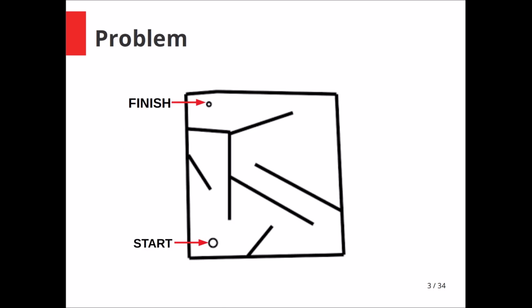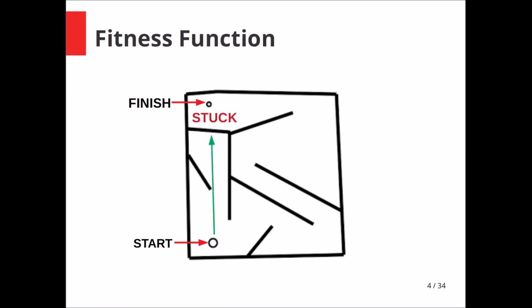We can reformulate the previous problem through the given maze. Here the objective is to find a path from the start location to the finish point. With a distance-based fitness function, we likely observe the following situation.